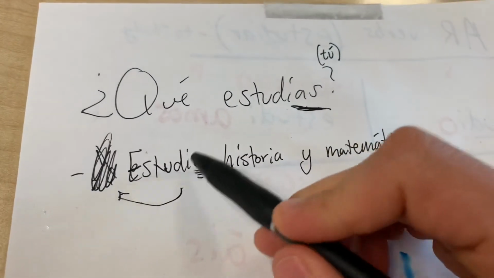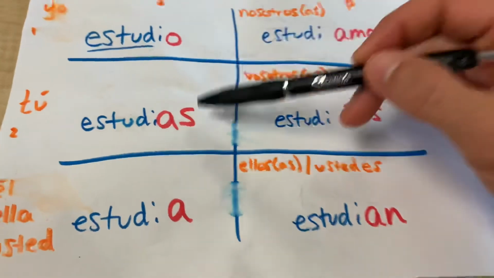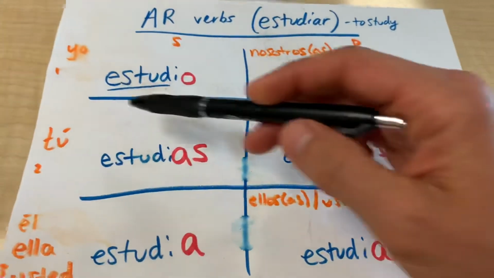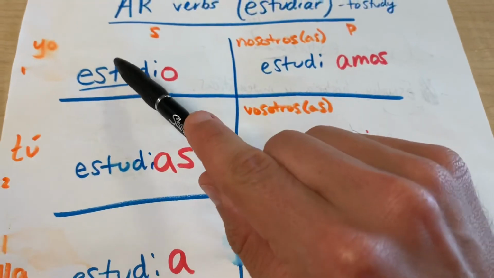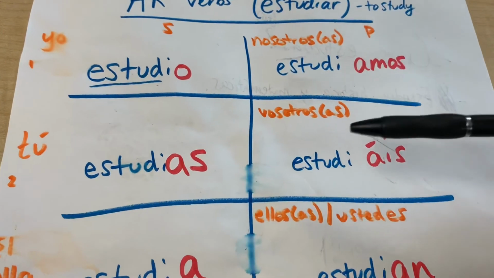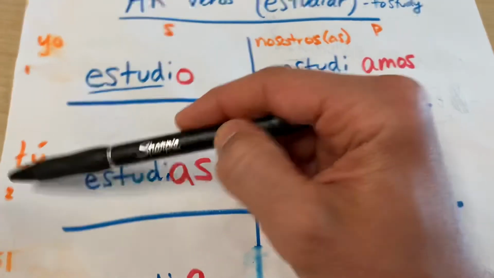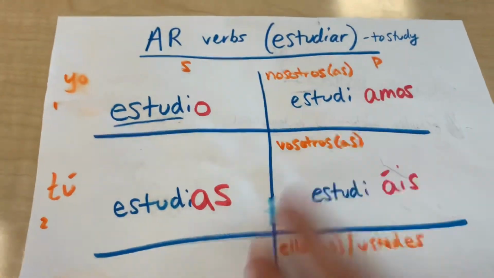So in Spanish, because we have different endings for all the different subjects, it's clear, at least when we're using this one or this one, whom we're speaking about. So we don't even need to really use the subject pronouns. We can if we want to, but we don't have to.